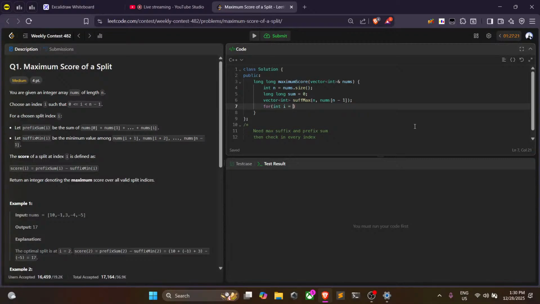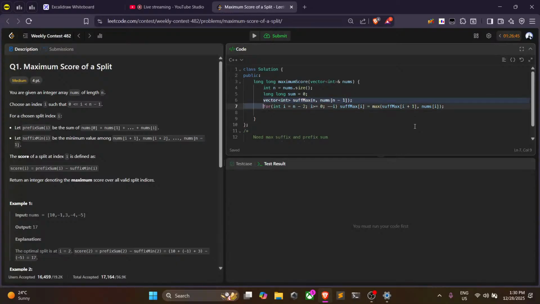Let me come from the very back till 0, and suffix min of i should be equal to min of suffix min of i plus 1 and whatever we have at this position. So these two lines will give us the minimum of the suffix.